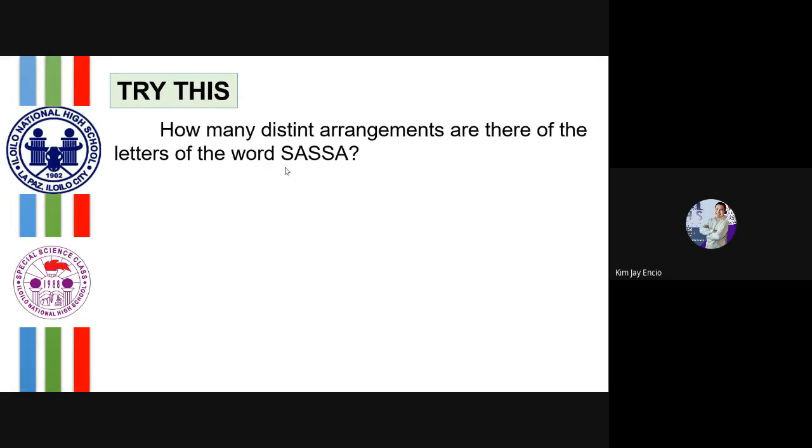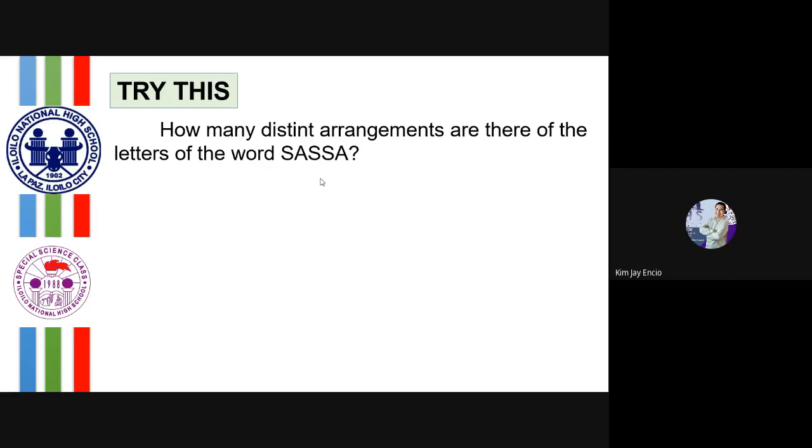It is not a new arrangement. Like this, if I interchange the S and the S, it's still Sasa. If I interchange A and A, it is still Sasa. However, if I interchange 2 different elements, S and A, then that produces a different arrangement.